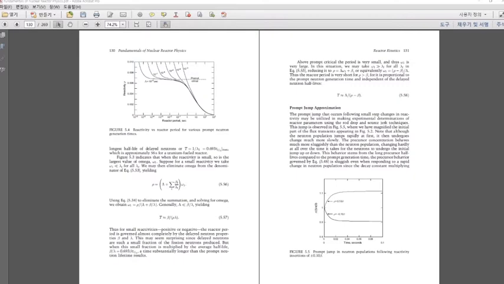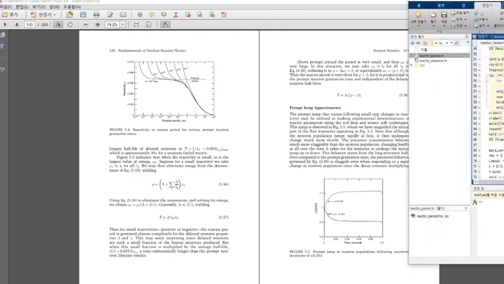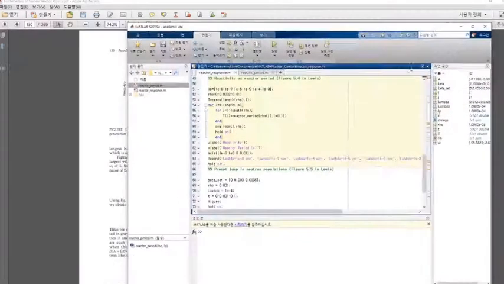If I show you an example, we are able to write this kind of MATLAB program, and by using that, the solution, so it is still calculating.